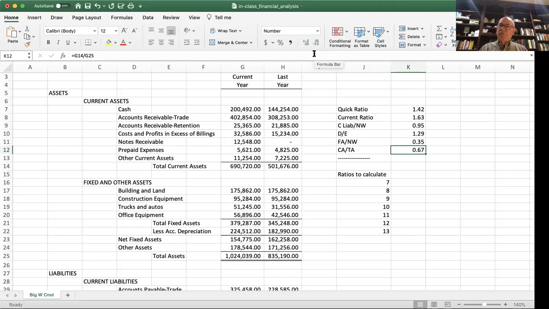And so if we were to form a ratio of fixed and other assets to total assets, that'd be a third, right? So we're 2/3 current and 1/3 other.